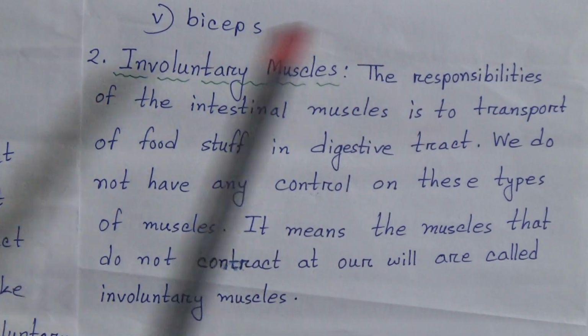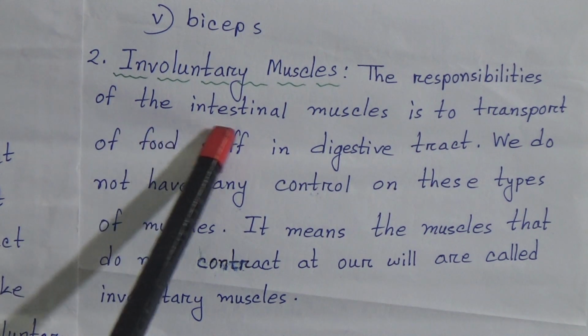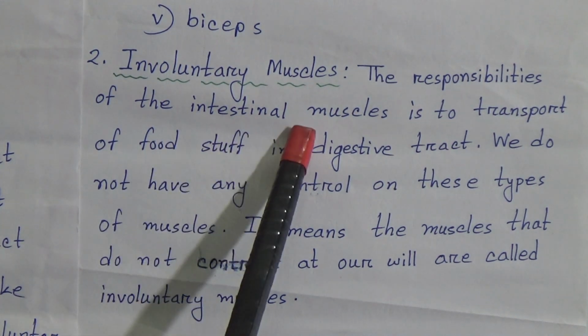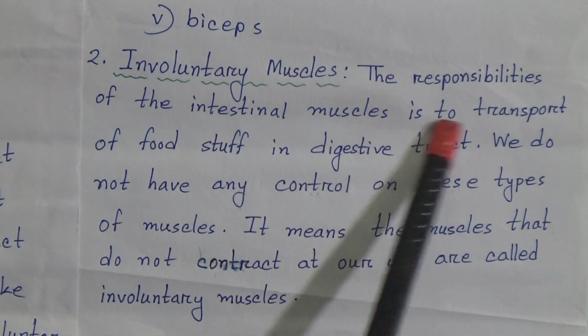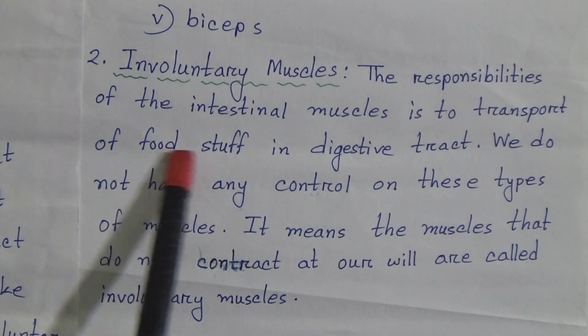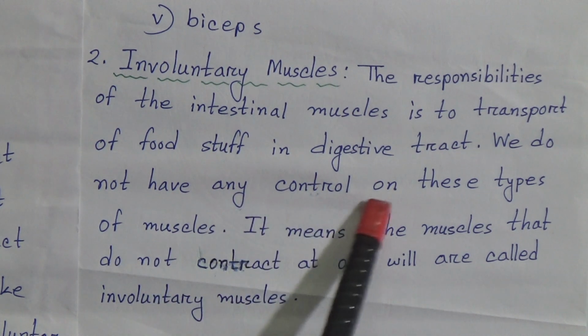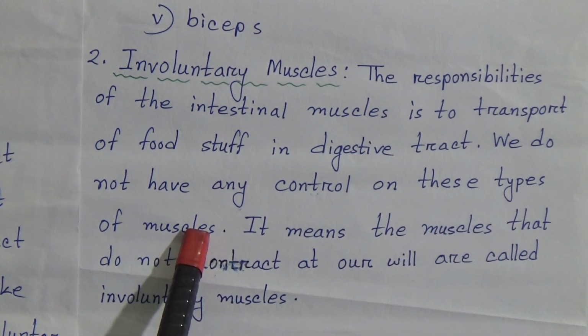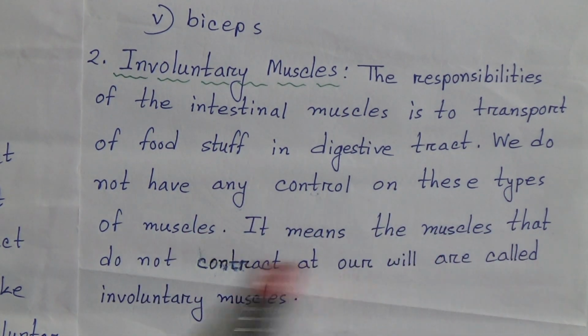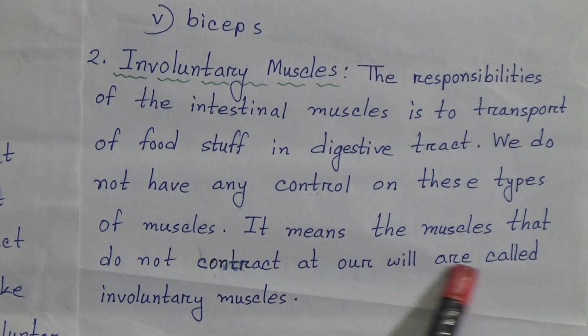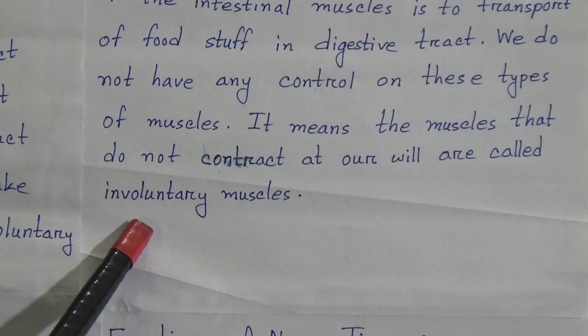The responsibility of the intestinal muscles is to transport foodstuff in the digestive tract. We do not have any control over these types of muscles. It means the muscles that do not contract at our will are called involuntary muscles.